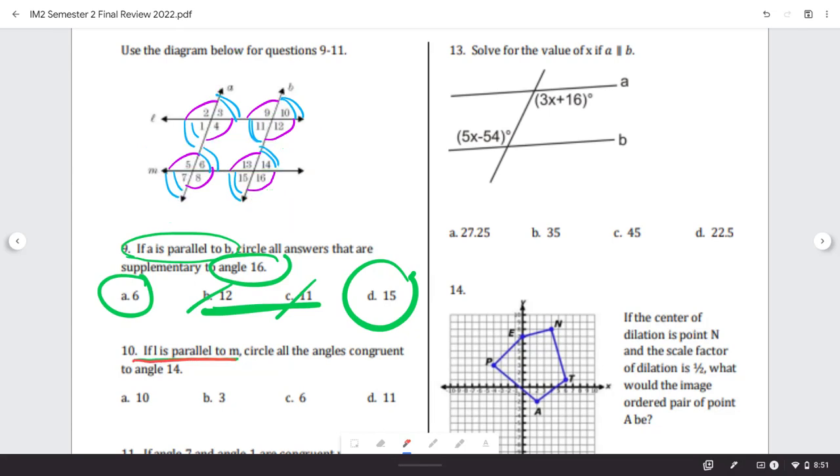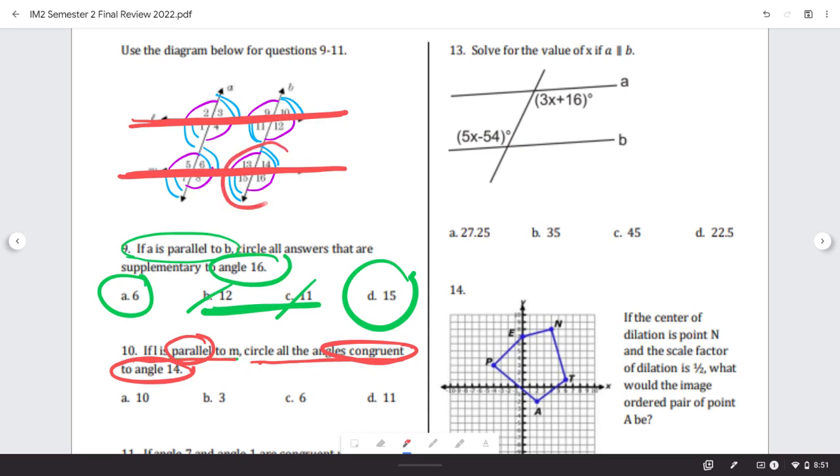If L is parallel to M, circle all the angles congruent to angle 14. So let's locate angle 14 first. Well, actually, no, let's locate L and M first. L, M, we're told that those are parallel. And so let's look at where angle 14 is.